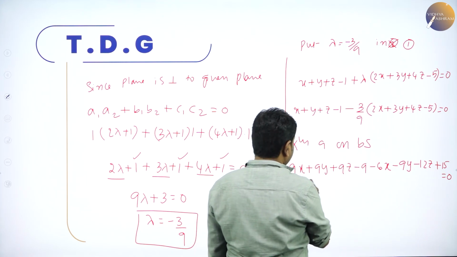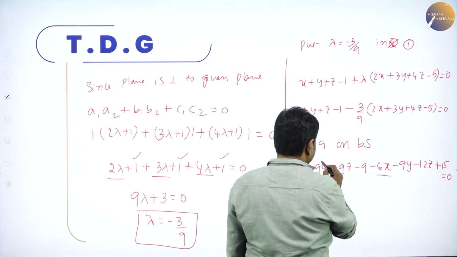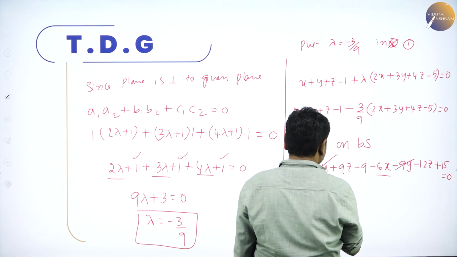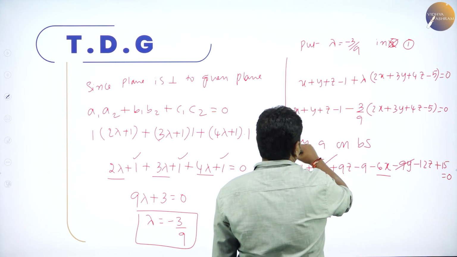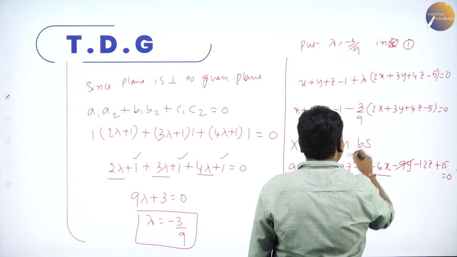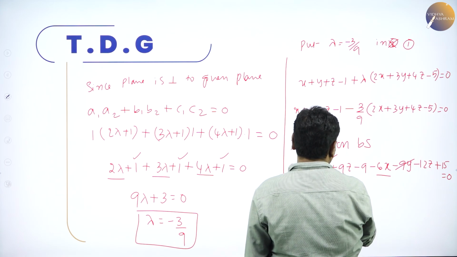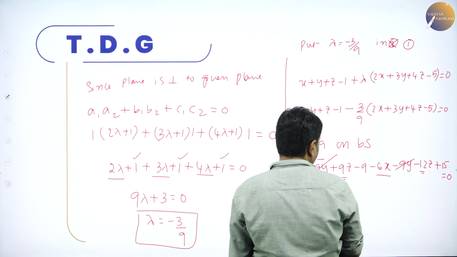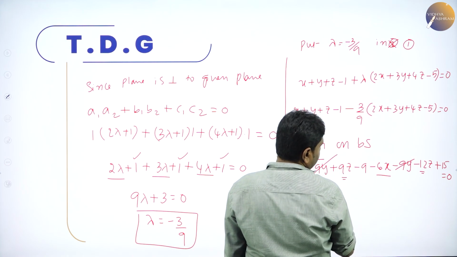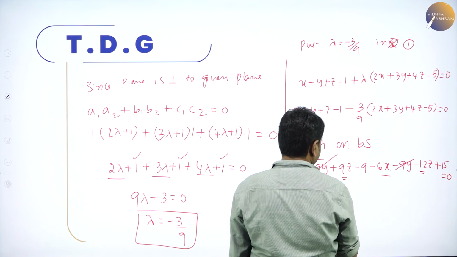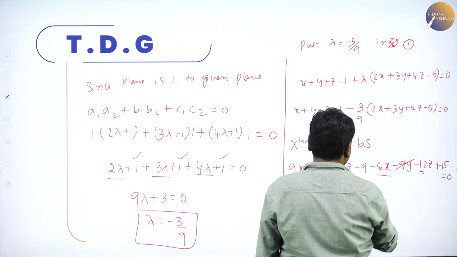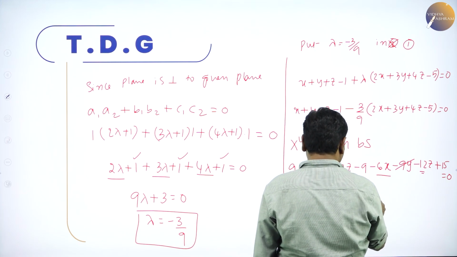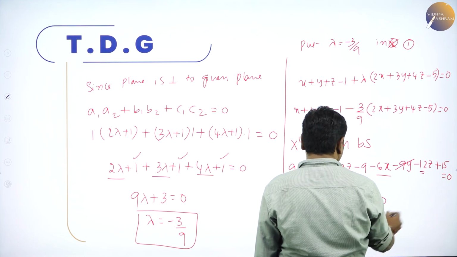Further, 9x minus 6x is 3x and the 9y minus 9y cancels. 9z minus 12z is minus 3z. Minus 9 plus 15 is 6. So 3x minus 3z plus 6 equal to 0 is the required plane.